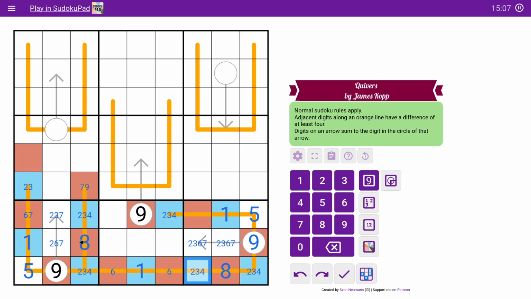Right, of course. Six, 7 pair. No 4. Yes, 4.